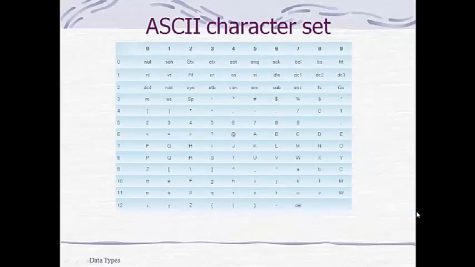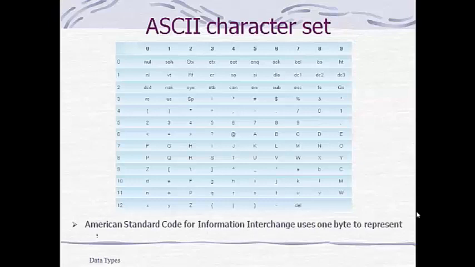Now the ASCII character set was standardized in the 60s and came into use throughout the world, which is American Standard Code for Information Interchange, which uses 1 byte to represent the characters.